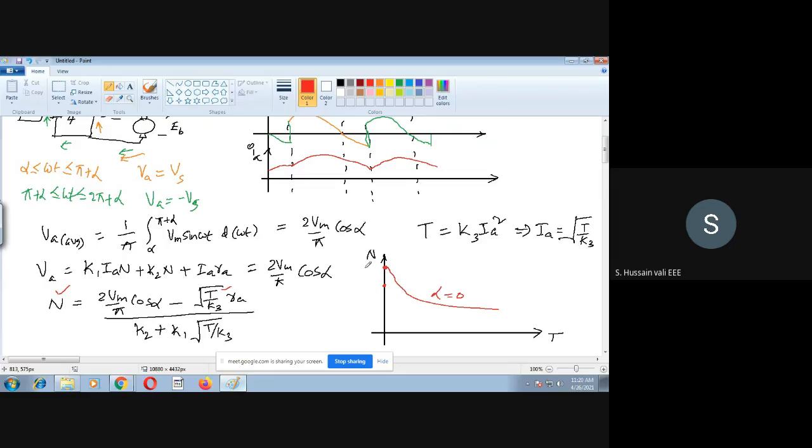Okay, so we'll find out here. This alpha is equal to 30. Likewise, there is nothing serious here.